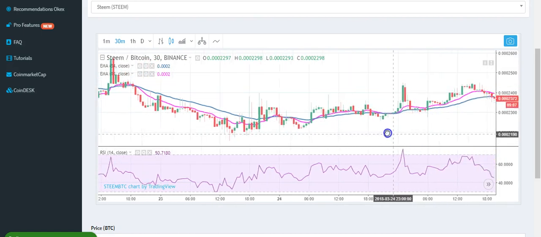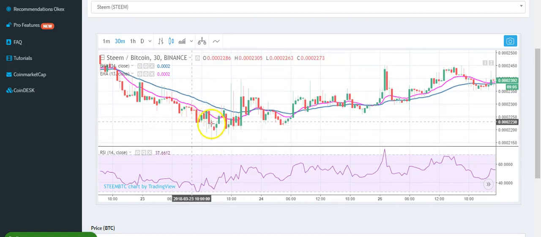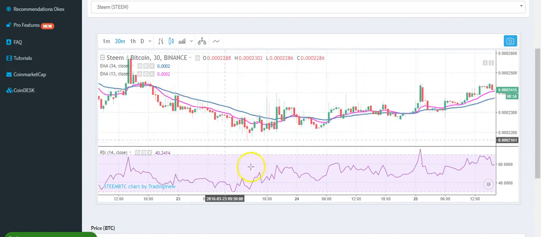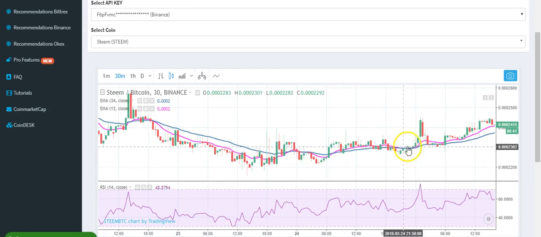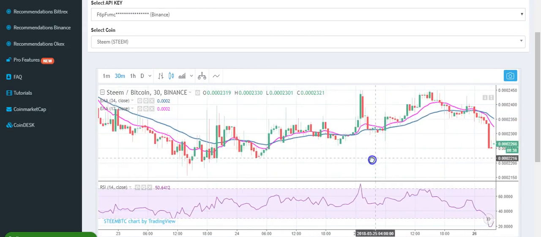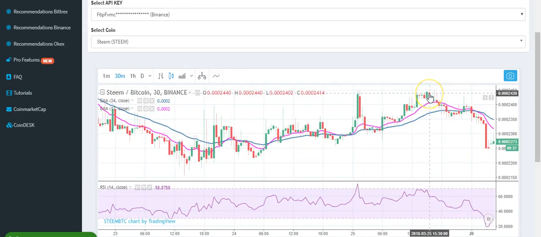So I made my purchase down here, or right here, and then because I know I made a purchase at a good time with this RSI right below the dash lines, I can actually set my profit percent to something like 15% and then wait.